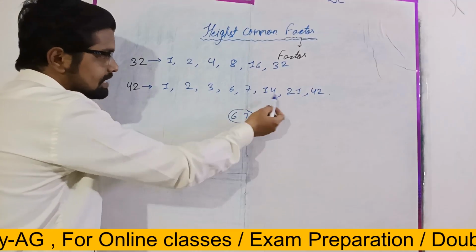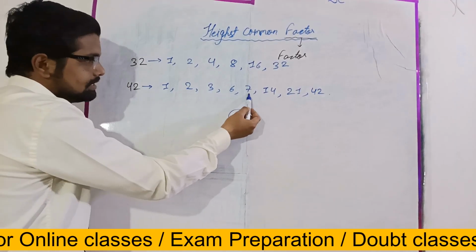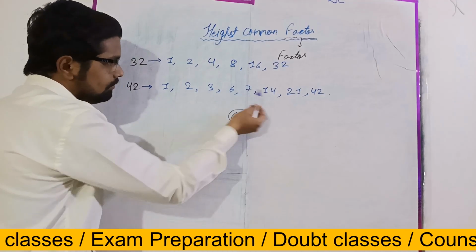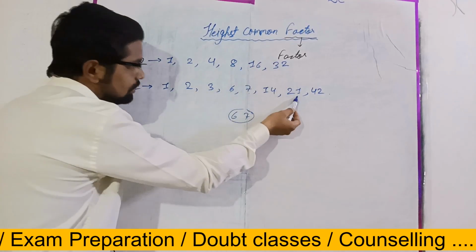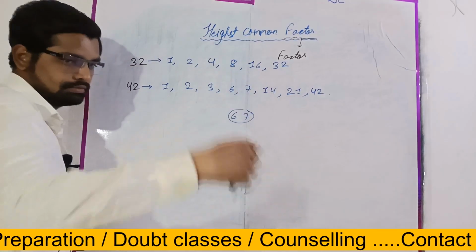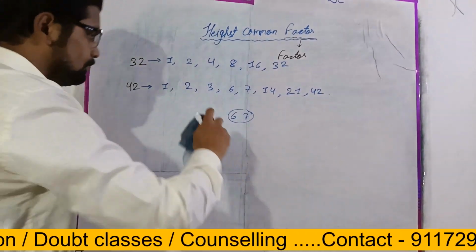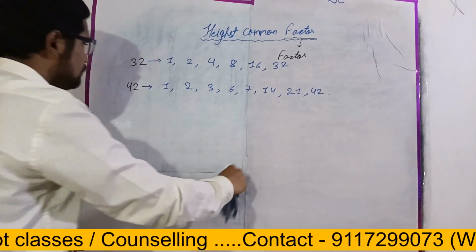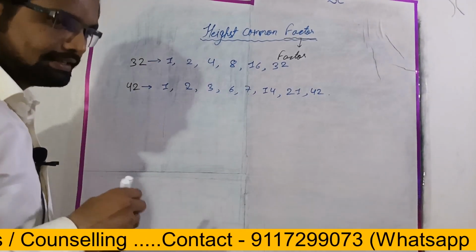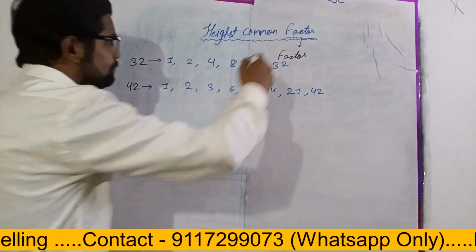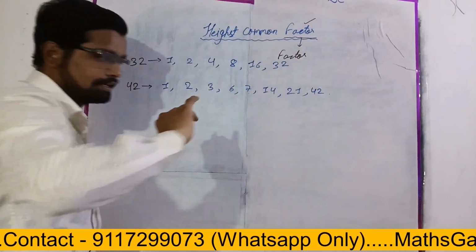Means after the 7 you have to come in reverse: 6, 7, then 14, 21 and 42, right? Okay, so these are the factors of 32 and 42. So here we have cleared the first word, that is factor.